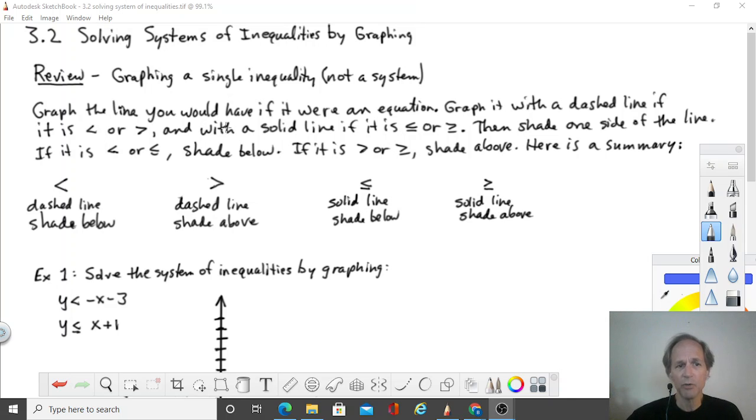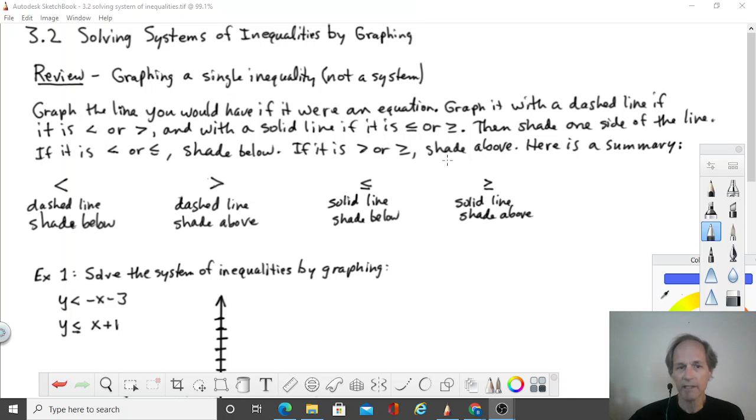So you graph the line that you would have if it were an equation, and that will be a dashed line if you have less than or greater than, and you graph it with a solid line if it's less than or equal or greater than or equal. And then you shade one side of the line. If it's less than or equal, you shade below. If it's greater than or equal, you shade above.